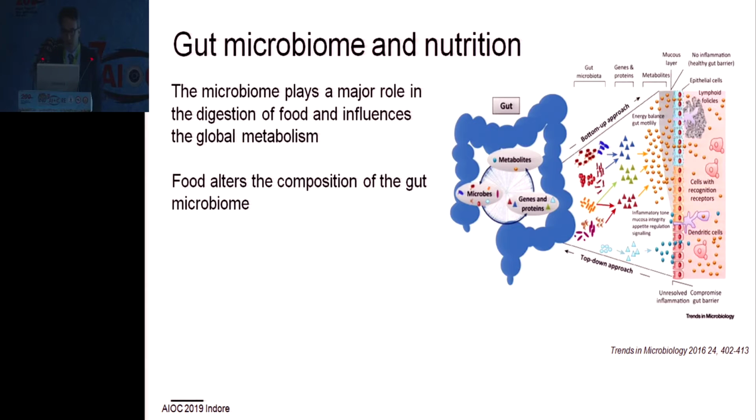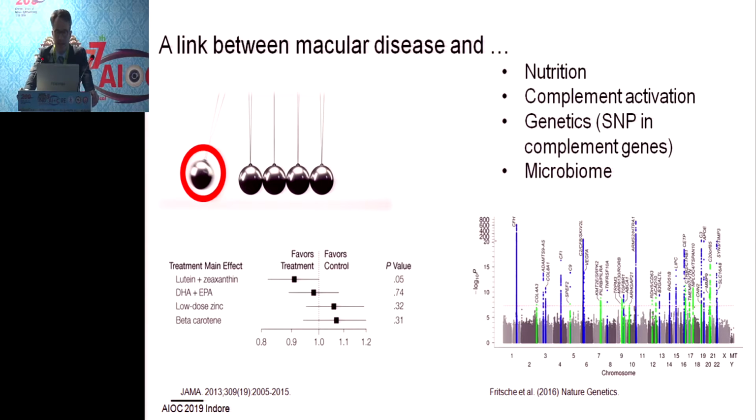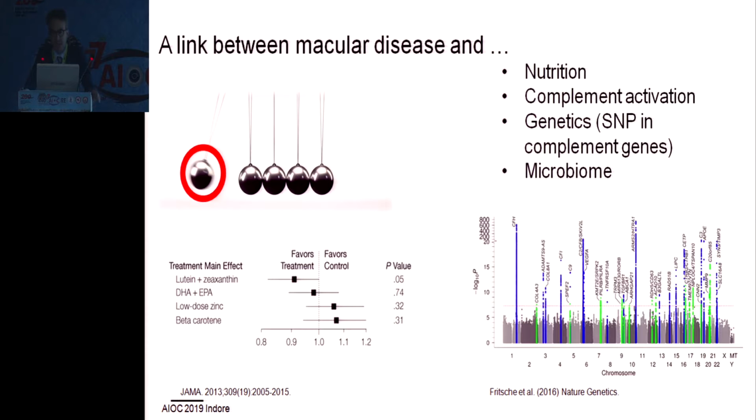Now, the food also alters the composition of the gut microbiome. We know that there is a link between retinal or macular diseases and nutrition. We know that from the AREDS studies. We know that there's a link between macular diseases and complement activation, genetics. And I'm sure we're going to hear a lot about that in the following talks.